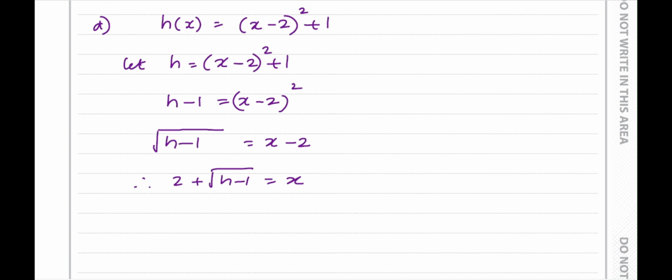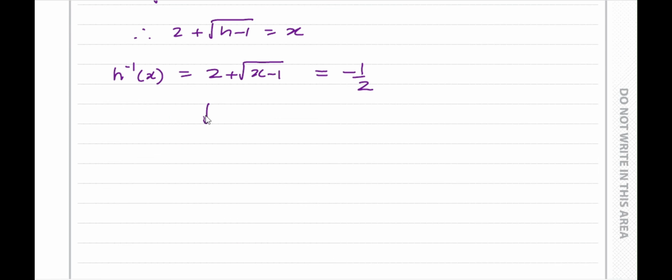At the moment where we get x on one side by itself, we write h inverse of x equals 2 plus the square root of (x minus 1), by replacing the h with x. Now as per the question, this is equal to minus half.